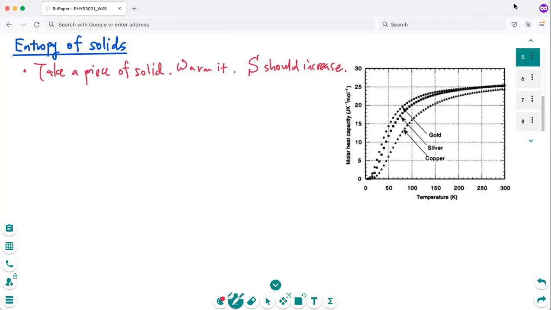Okay, this relates to a question asked last time. So one answer is given here, the other answer will be given later today. So how do we do this? What can we measure?